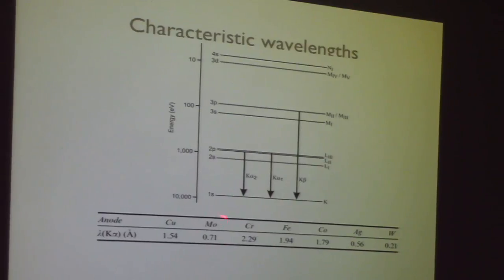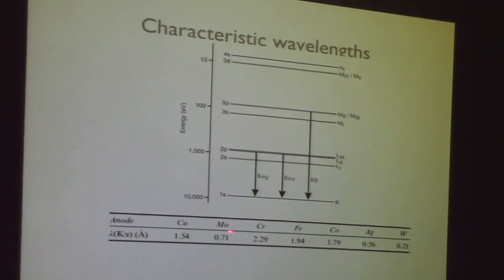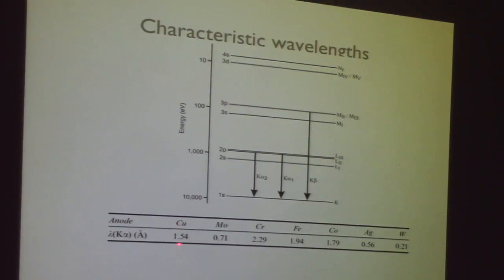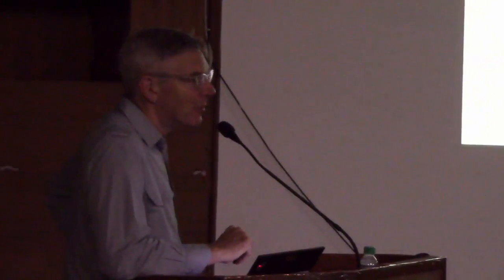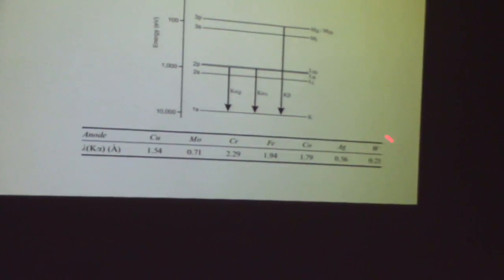If you go down to the next row of the periodic table, you have molybdenum, and now there's a big difference. It's almost half the wavelength of copper, 0.71. An even shorter wavelength is silver, 0.56. And even shorter is tungsten.